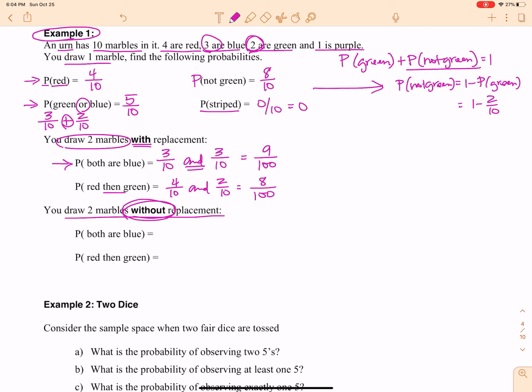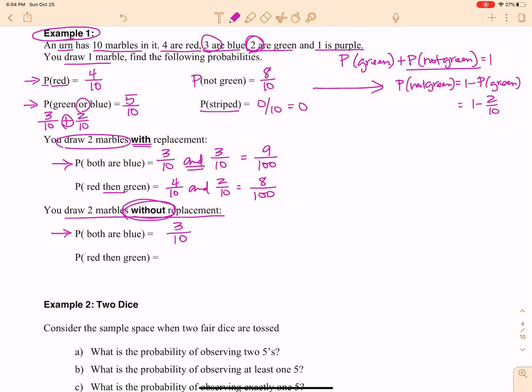This is so important. It's going to change things. Not how we do it, but the result of what we get. Now I want the same probability I found up here. The probability that both of the marbles I pull out are blue: the probability of the first one being blue is still the same, 3 out of 10. But now I'm leaving that marble out.